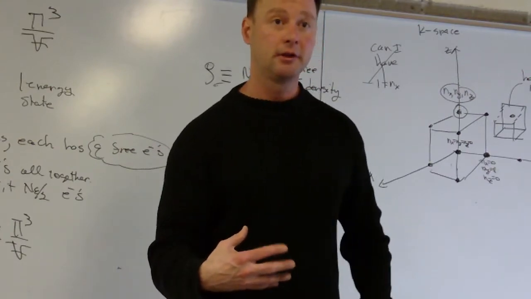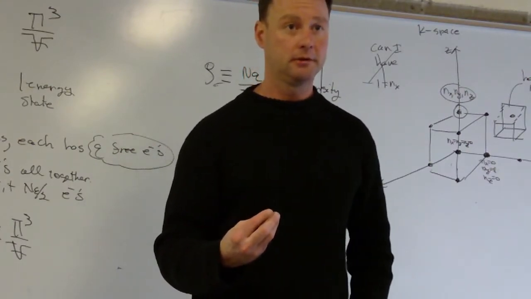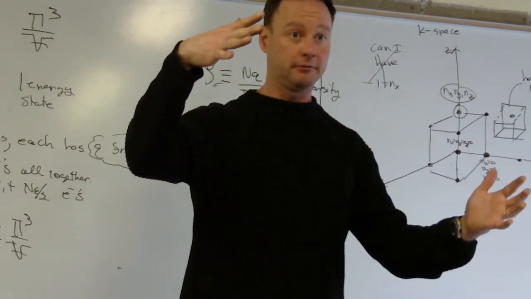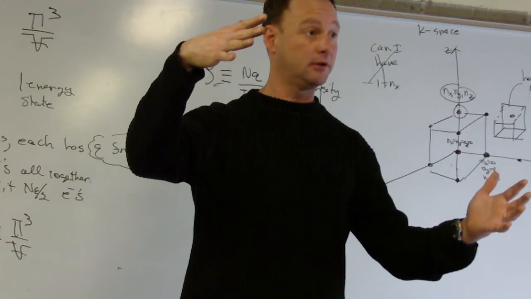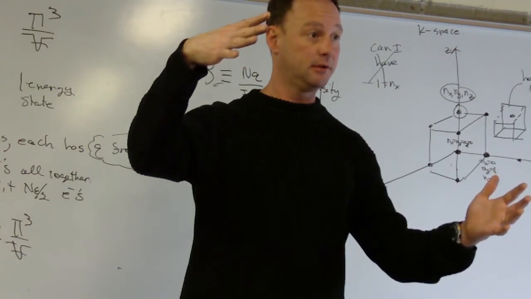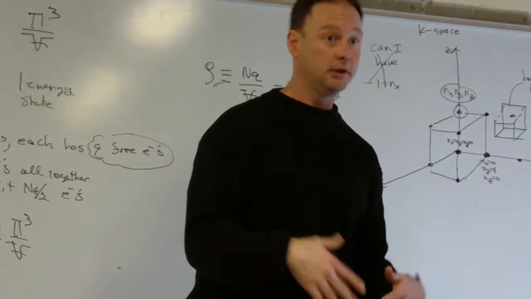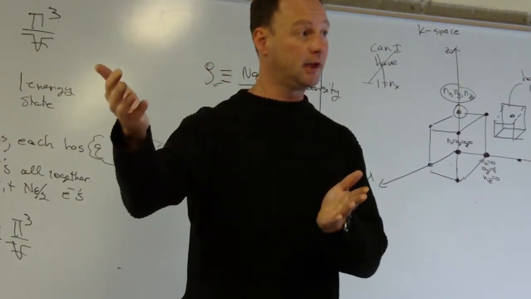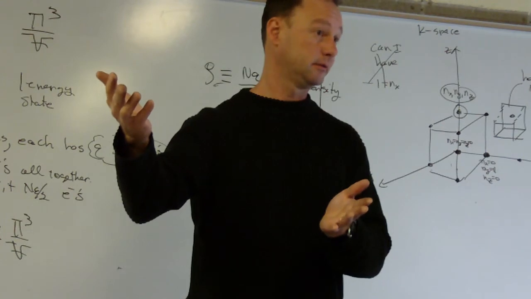So in other words, the Fermi energy is the highest energy such that if you stacked all the electrons into their lowest energy states, below E Fermi you'd be completely filled up, and above E Fermi there'd be nothing.